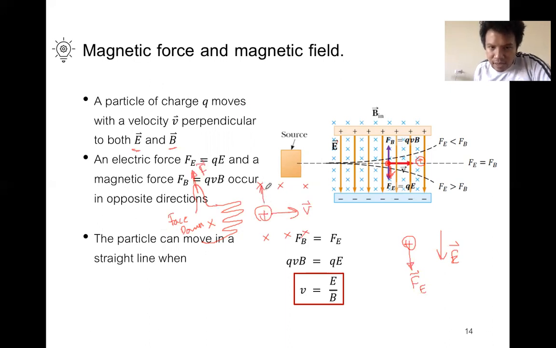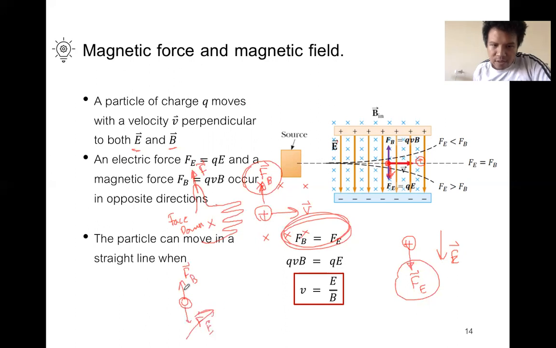So I get the FB that is going up, with FB going up and FE going down. If FB equals FE in magnitude, we can cancel these two forces. When we cancel these two forces, we can see that the particle can move in a straight line.